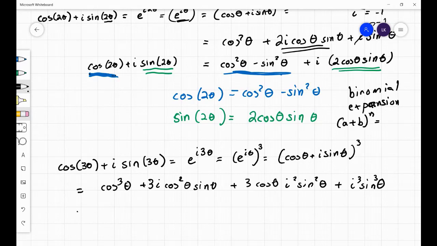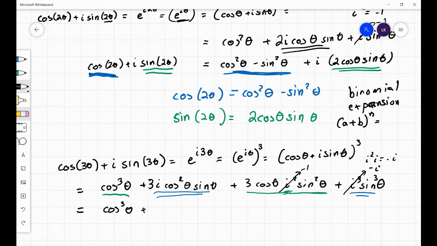Okay. So now let's gather all the real parts. So let's see where they are. This is the real part. i squared is negative 1, so the i will go away. And i squared will become negative 1. i cubed will become i squared times i, so that's negative i.